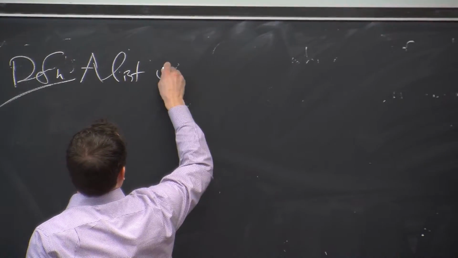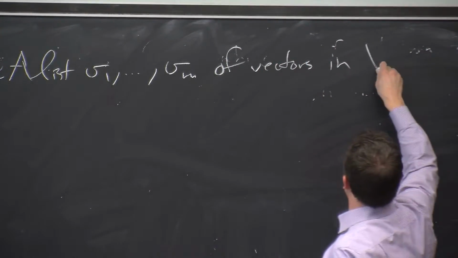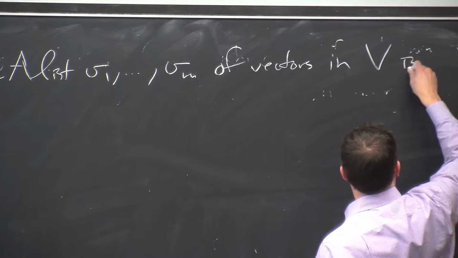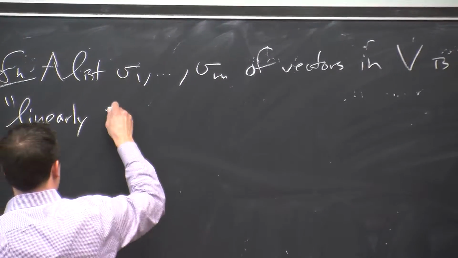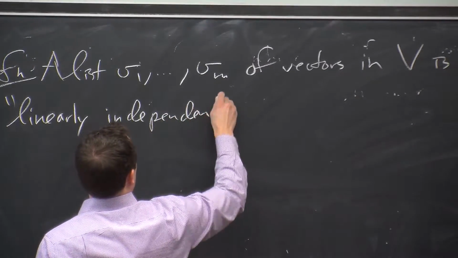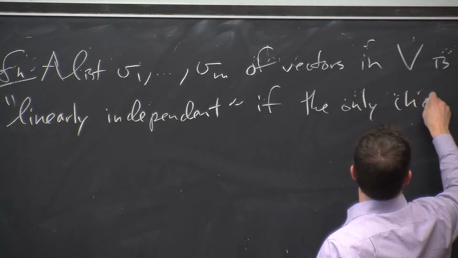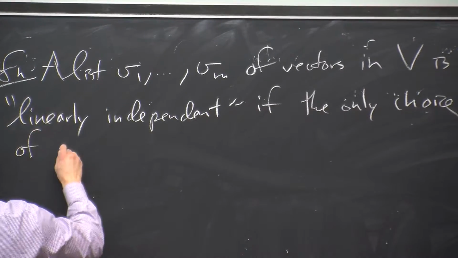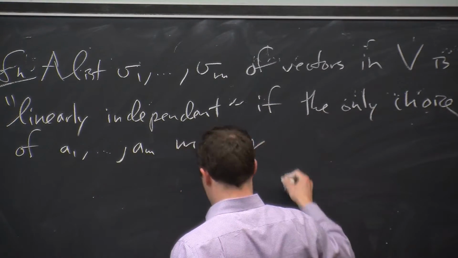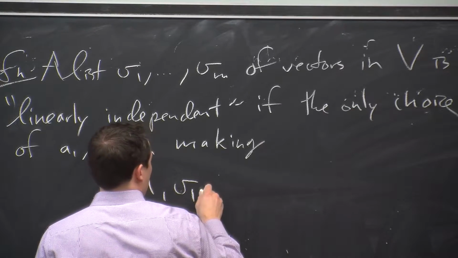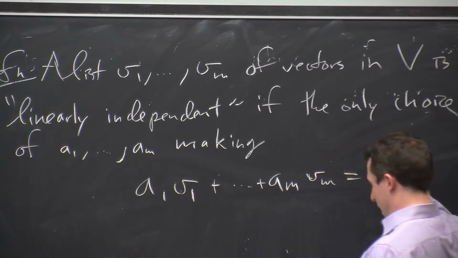A list v1 up to vm of vectors in a vector space V over a field F is linearly independent if the only choice of a1 up to am which makes the linear combination a1 v1 plus and so on equal to the 0 vector is setting each coefficient, each field element, equal to 0.